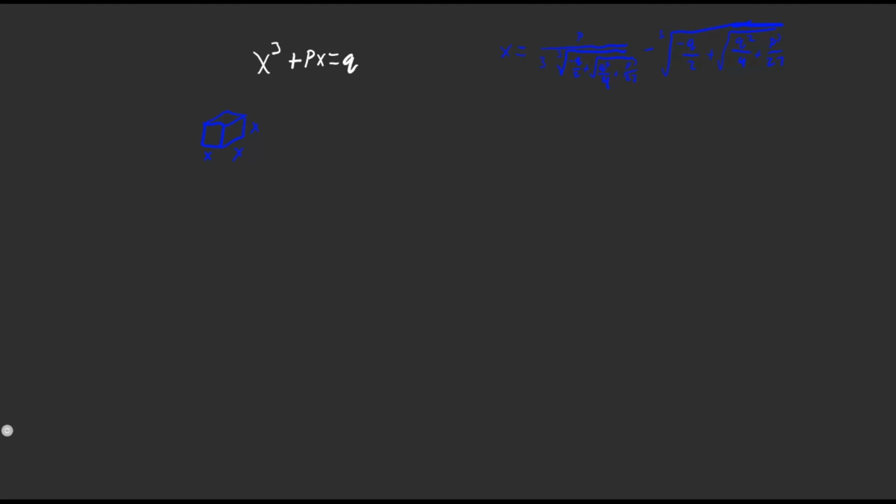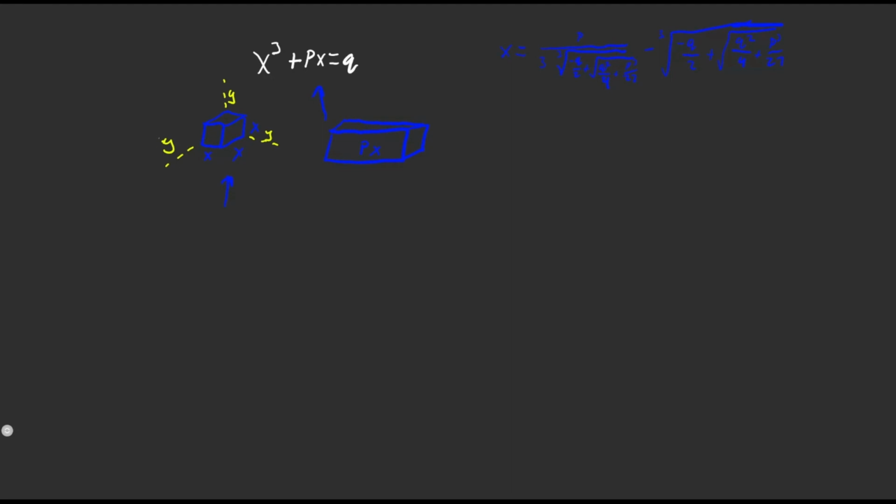And our px is going to be a rectangular prism with volume px. So px. And here we have to extend this cube out a distance 3y, where we end up getting y, y, and y, which adds up to 3y.